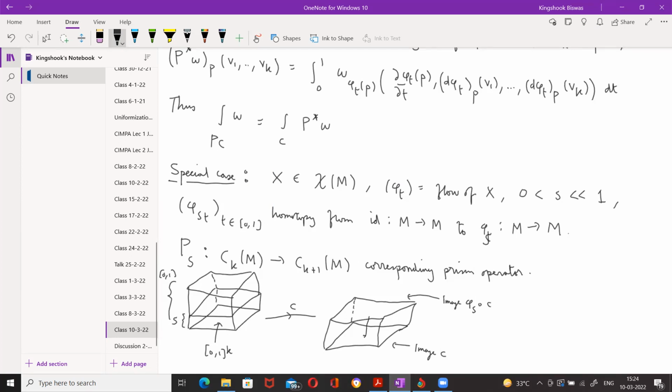It moves along a flow line of X, right? These will be flow lines of X, integral curves of X.